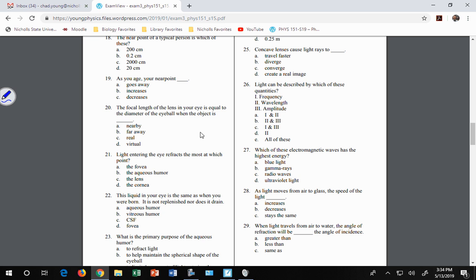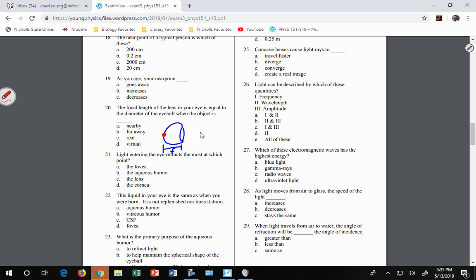Okay, so the eyeball looks like this, right? The focal length of the lens in your eyeball is equal to the diameter. That's the diameter of the eyeball. So that means the focal point is at the back of the eyeball.